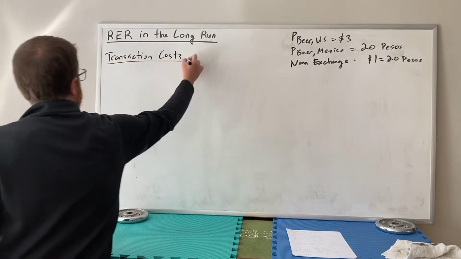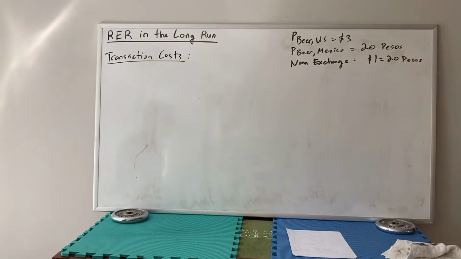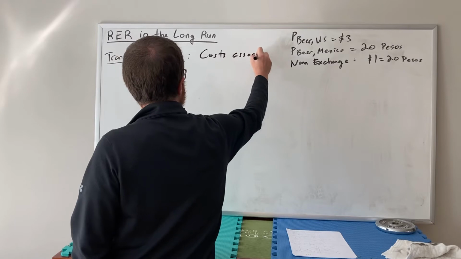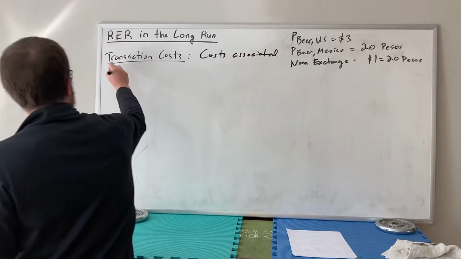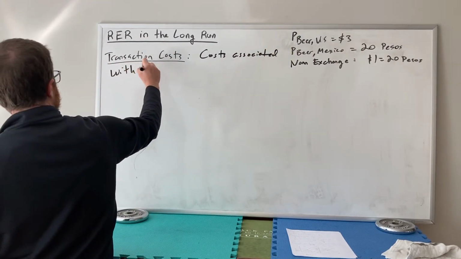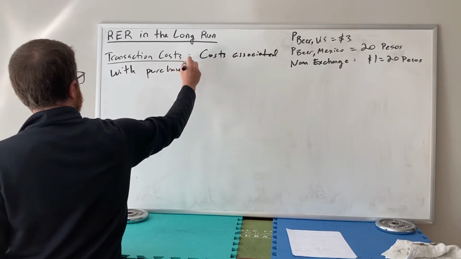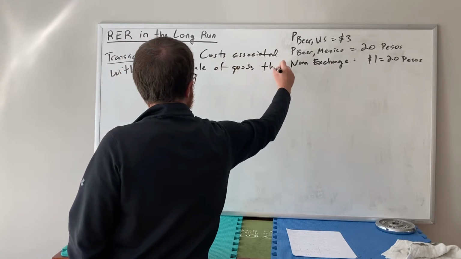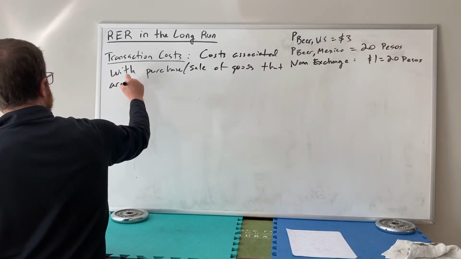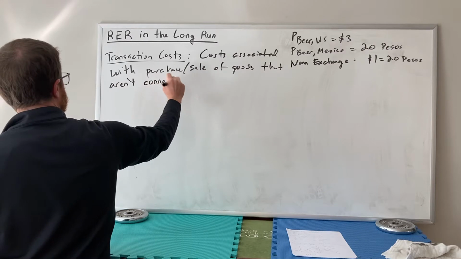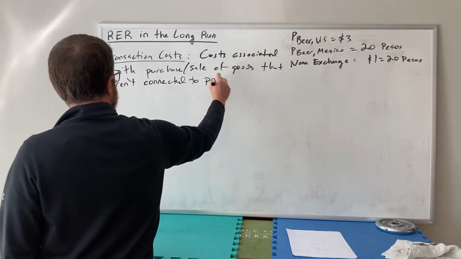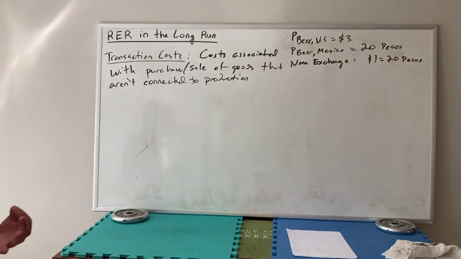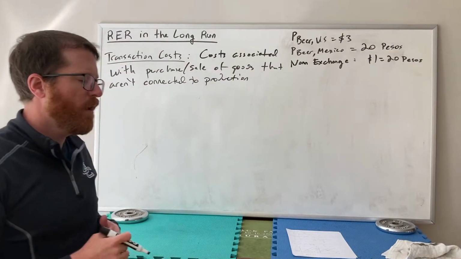Transaction costs are many different costs, in fact, but we might try to define this as the costs associated with the purchase or sale of goods that aren't connected to production. This is kind of a tough one to define, and there are some things where it's kind of hard to decide if it's a transaction cost or not.